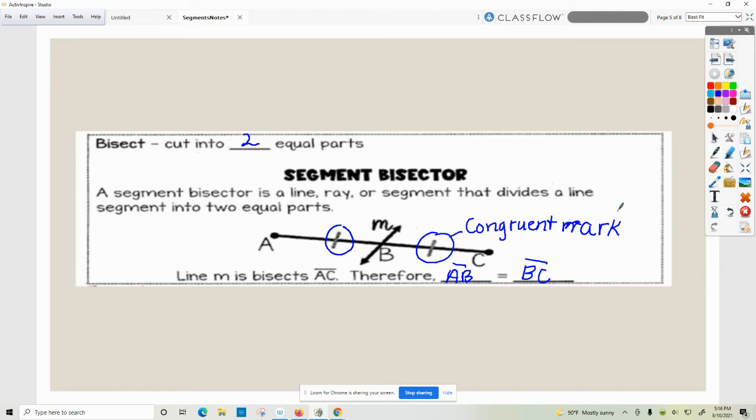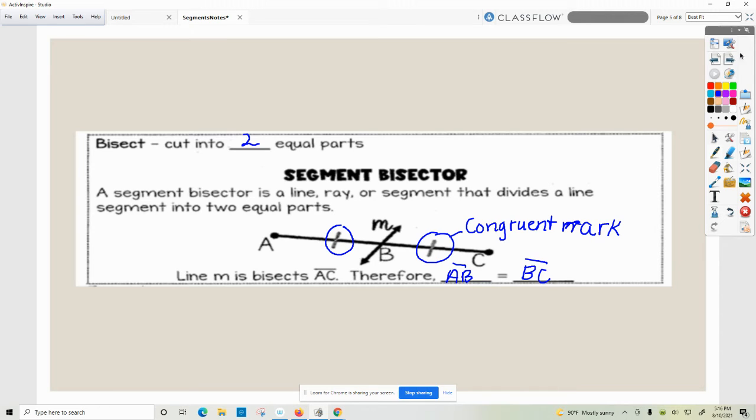They mean that little segments and little things are going to be congruent to each other. Okay, so you want to make sure you kind of start recognizing those things as we go along.